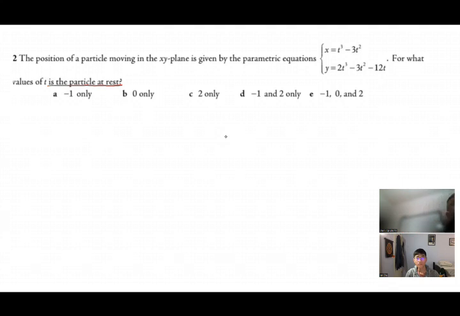So the velocity itself, which is dy over dx, must be 0 at the given point.